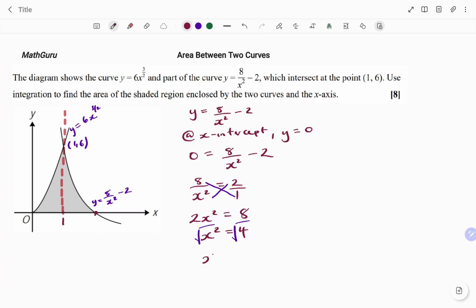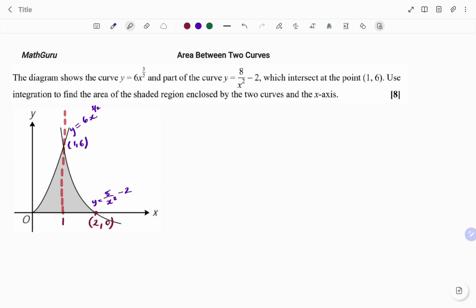So my x is equal to plus or minus 2. But if you look at the graph, the point of intersection falls on the positive x-axis. So therefore, the value of x equals positive 2. So the point of intersection at that point will be x is 2 and y is 0. Now we can go ahead to find the area between the two curves.